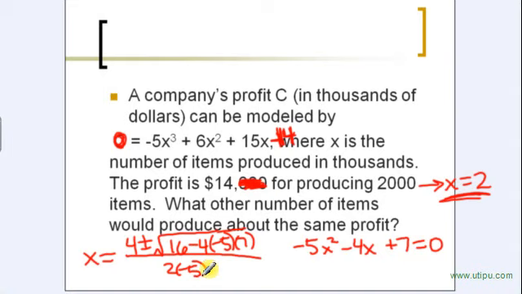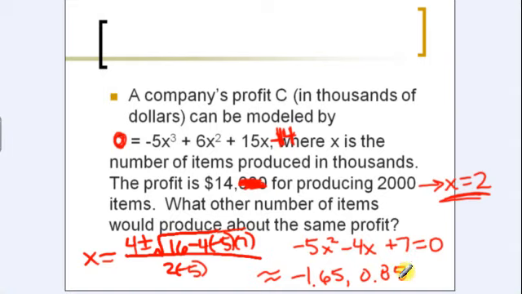And go ahead and plug that in, see what you get. Did you get about negative 1.65 for one answer and about 0.85 for the other?